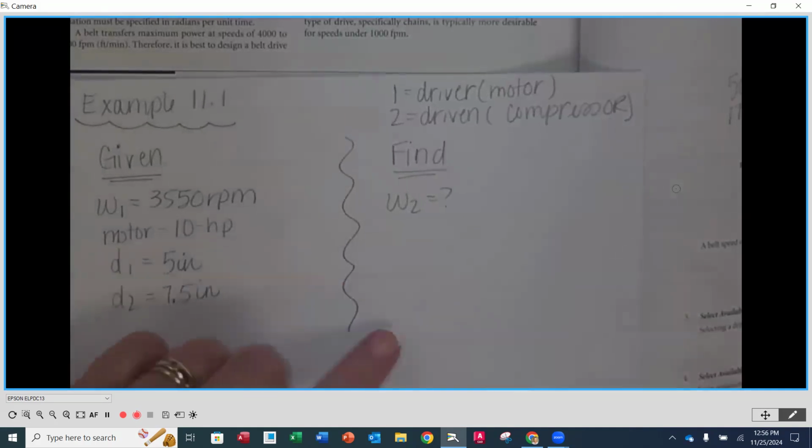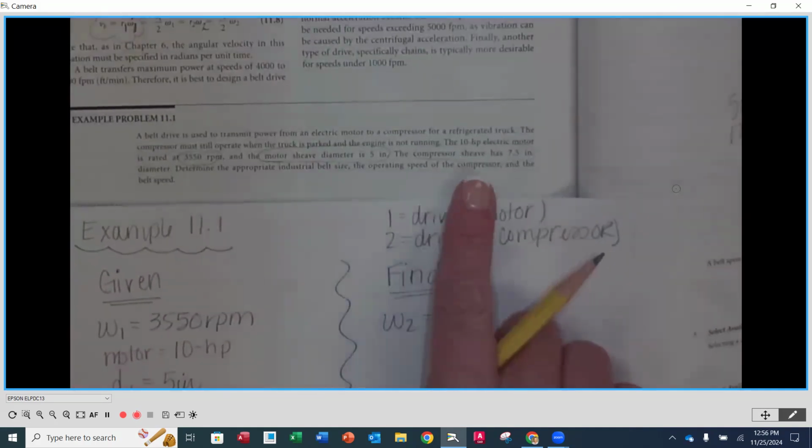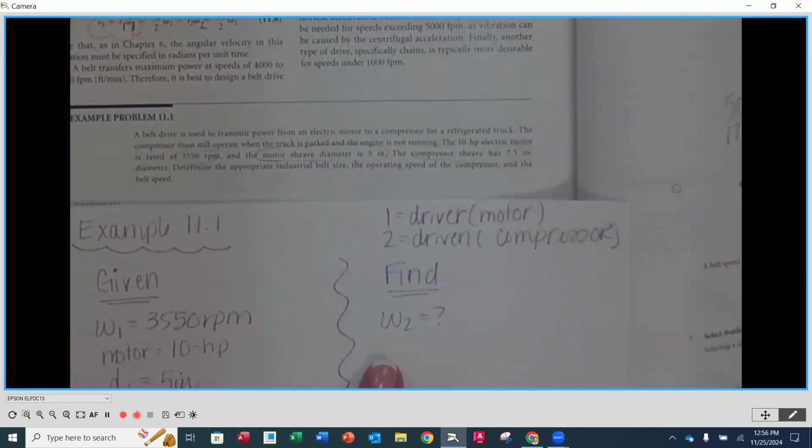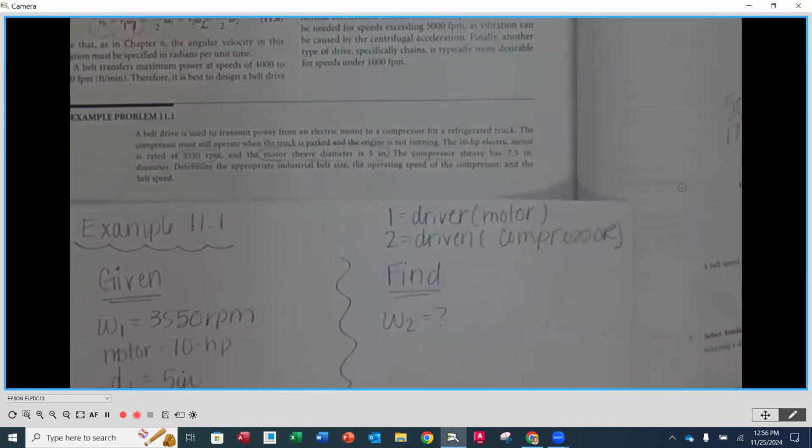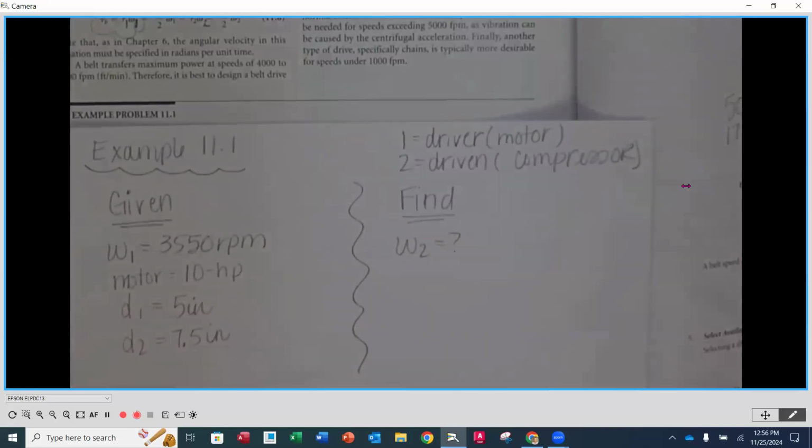And then our find: we already know that we need to find the operating speed of the compressor. So that's going to be our W2. What else do we need to find? Anyone in the classroom? I'm not getting anybody in the classroom answering many questions. What did you guys write down for find?